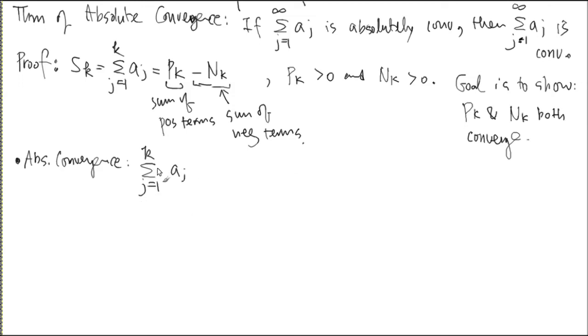You put absolute value around it, right? Can you write this one? pk is a part of it. They're all positive. It's good, right? And what about nk? The terms of nk were all negative, but we put absolute value on each term. That becomes positive, right? Correct? So these are all positive terms.